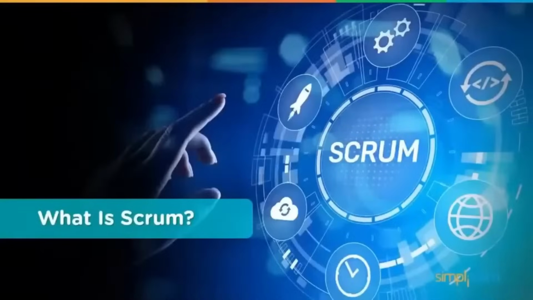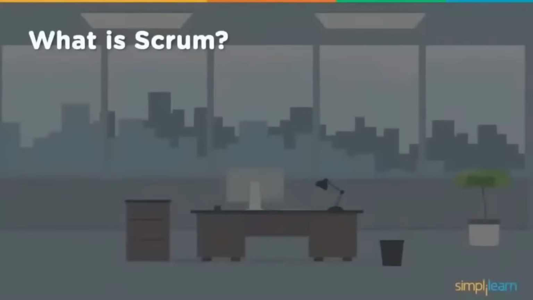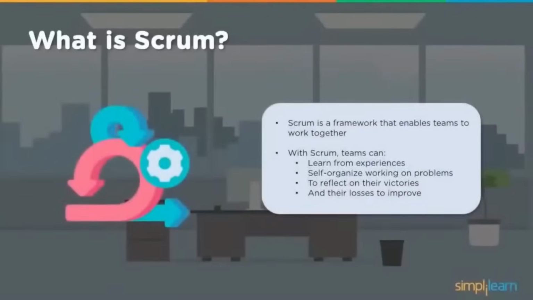So what is Scrum? Scrum is a framework that enables teams to work together, which means collaboration is very important when we become agile. With a Scrum team, one can look, see and experience, so learning from experience happens and is captured. Teams self-organize and work on problems.